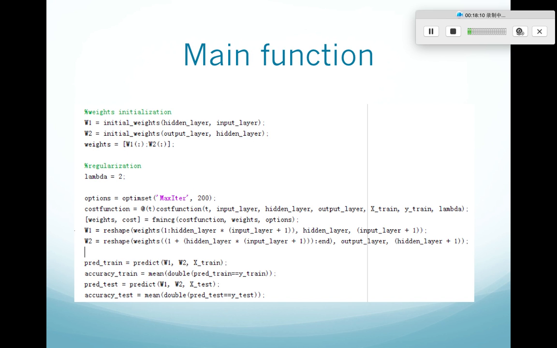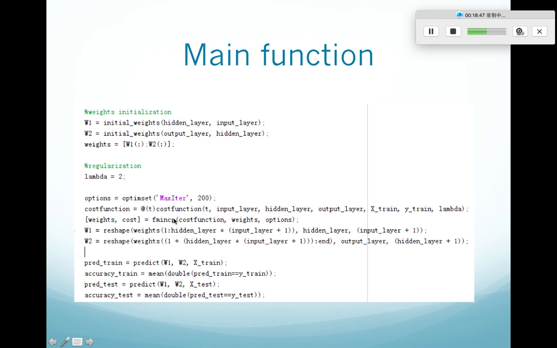And this is the main function I use. First, initialize the weights between the input layer and hidden layer, and the hidden layer and output layer, and I use the cost function to compute the cost between our prediction result and the desired result.